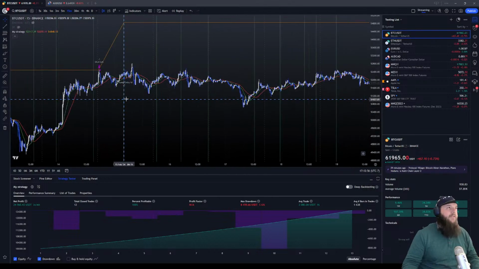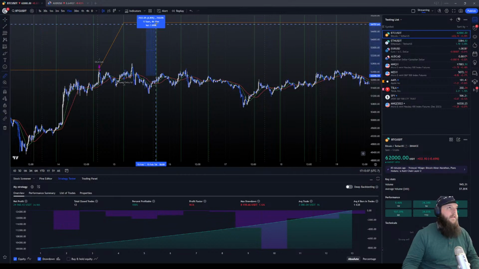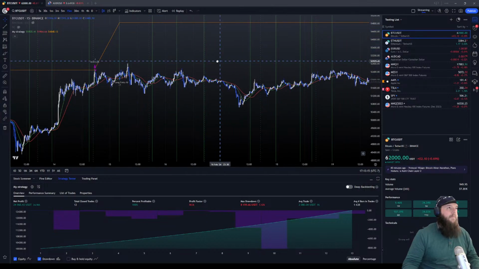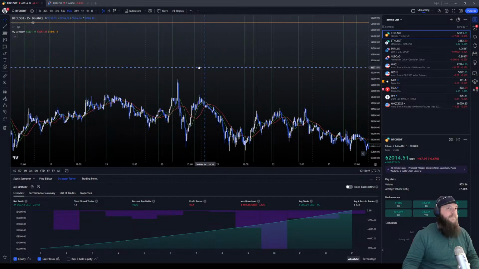So we have this long entry, and we have our take profit level set to 5%. We can do a quick measurement here. Right there, 5%. I think I measured it off just a little bit, but 5%. Bam. But as we see, we haven't hit that 5%. It's just bouncing back and forth.